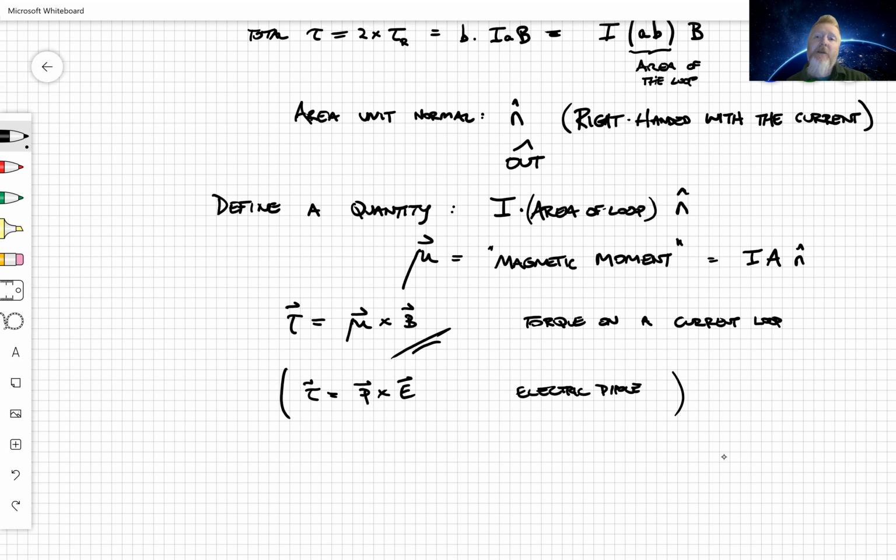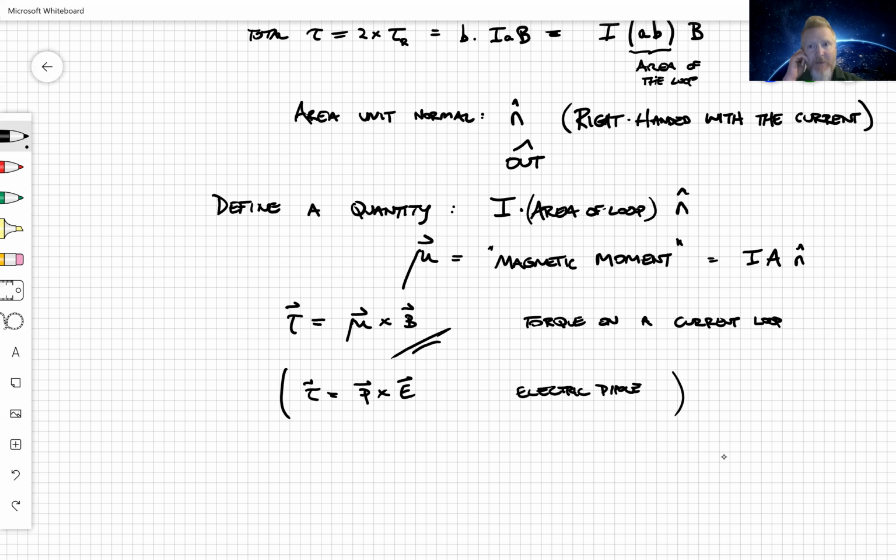There's one other similarity that I could mention here. We also investigated the potential energy of a dipole in an electric field. You can also investigate the potential energy of a magnetic moment in a B field and ask whether there is a direction that has a lower amount of potential energy, et cetera.